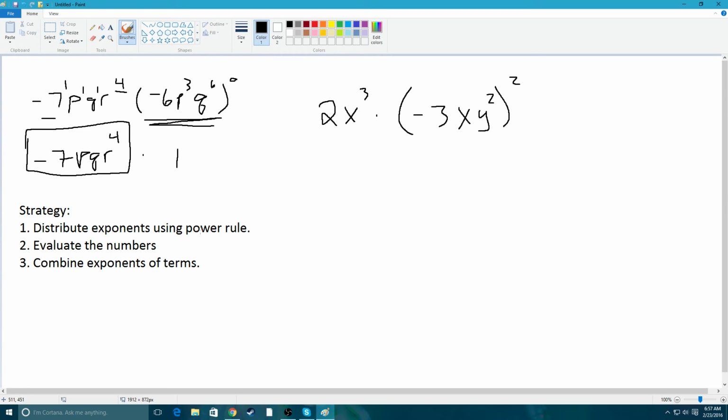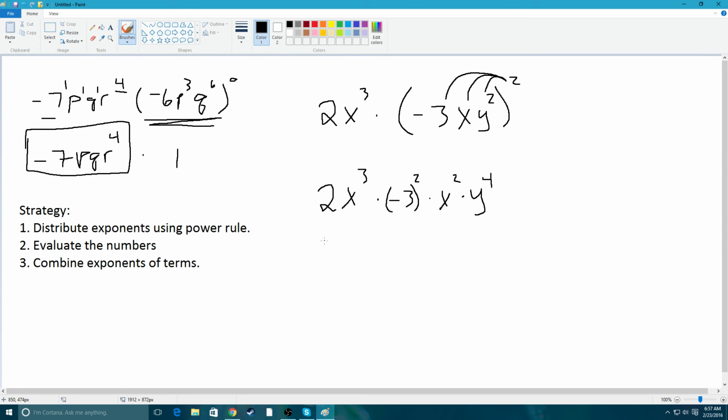Strategy 1 is use that power to a power rule. This guy goes to every single term in there. So this becomes 2 squared times x cubed times -3 squared times x squared times y to the 4th.